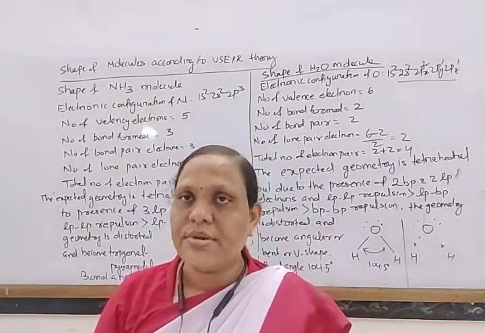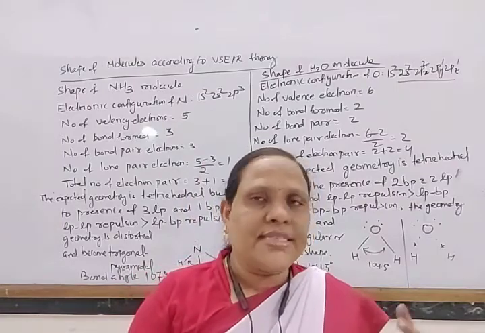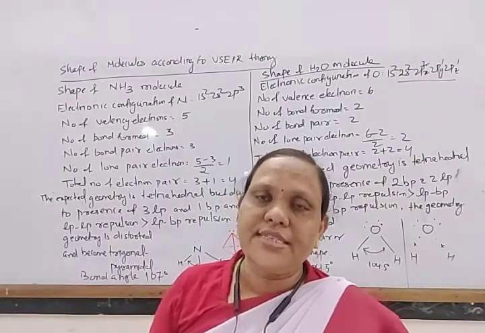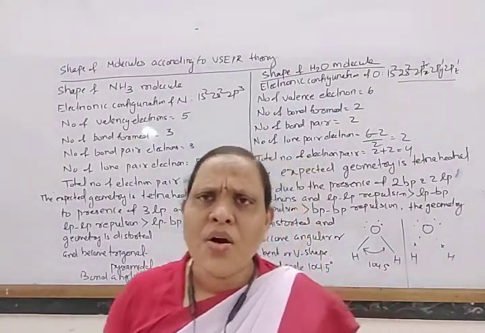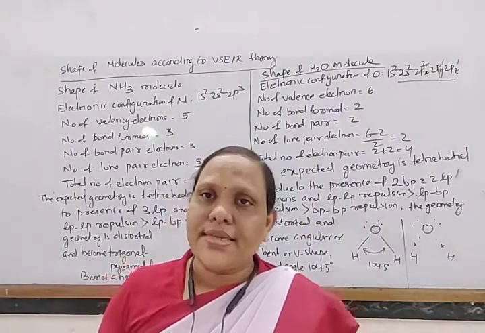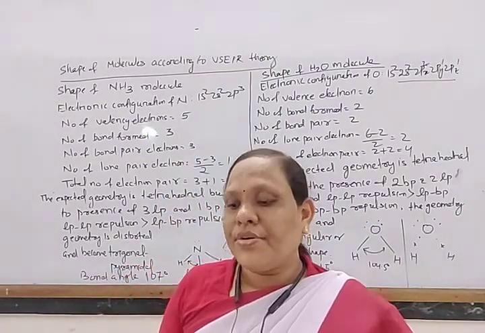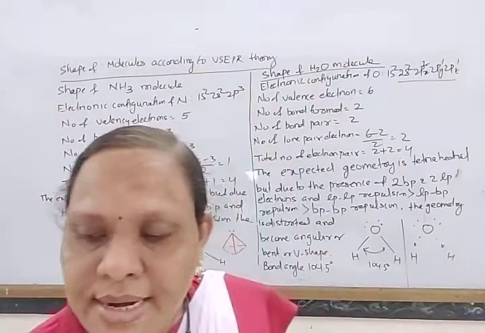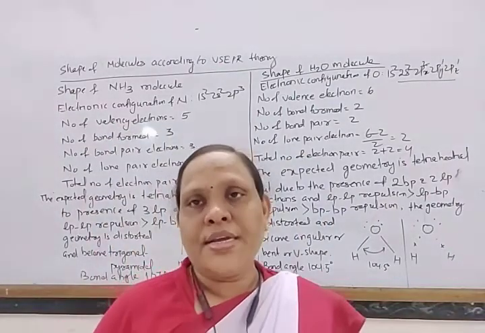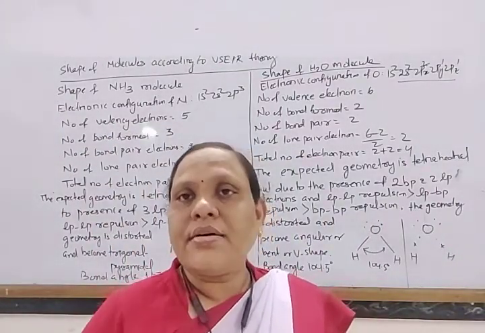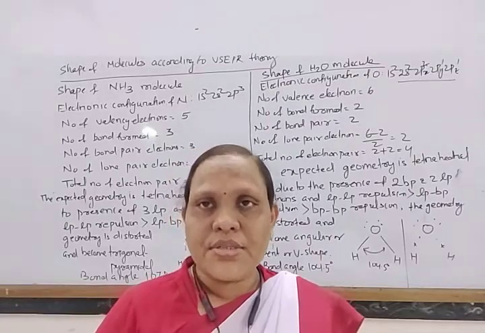And if any other molecule is given, in all cases, consider how many valence electrons, how many lone pairs, and how many bond pairs there are. You think about this and then you can draw the structure.